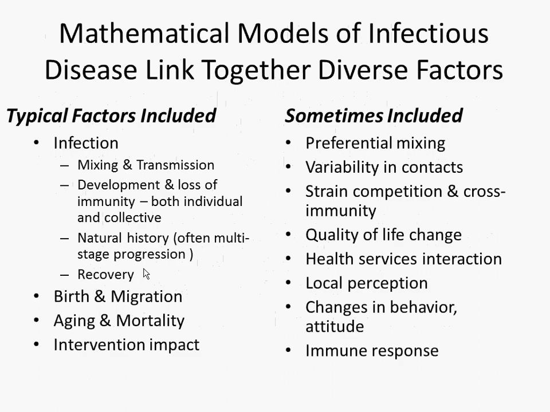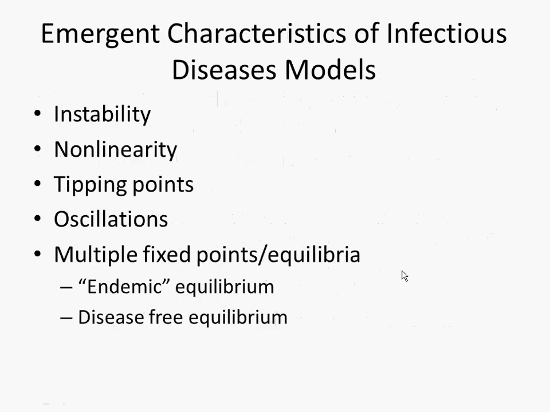These models include a variety of factors, some of which are shown here: mixing between people, birth and migration in, aging and mortality, infection, and sometimes additional factors like costs and quality of life, variability in context, etc.